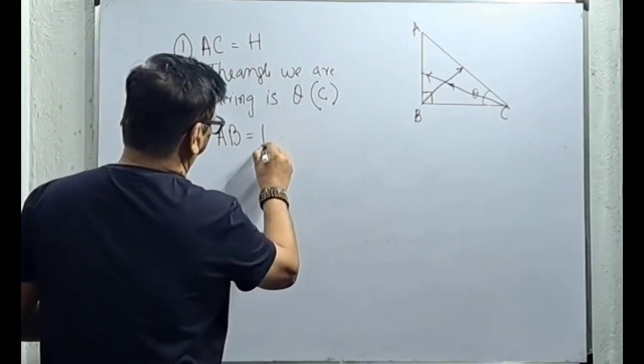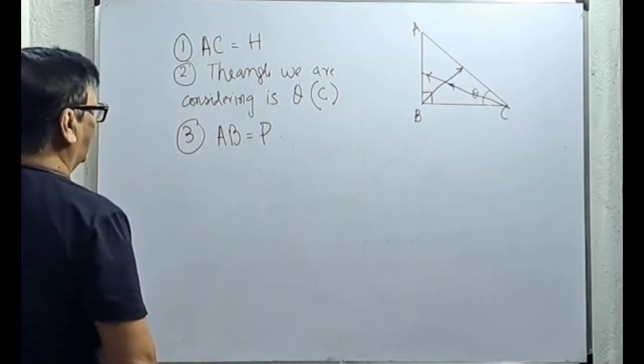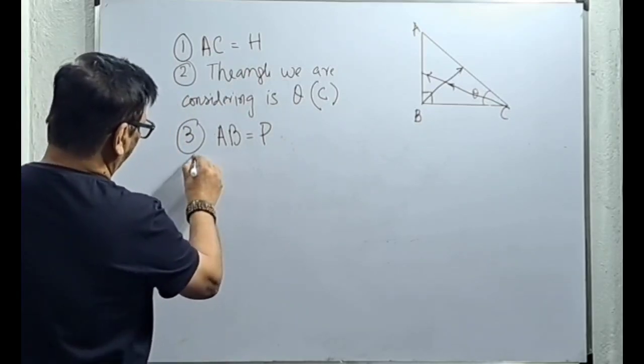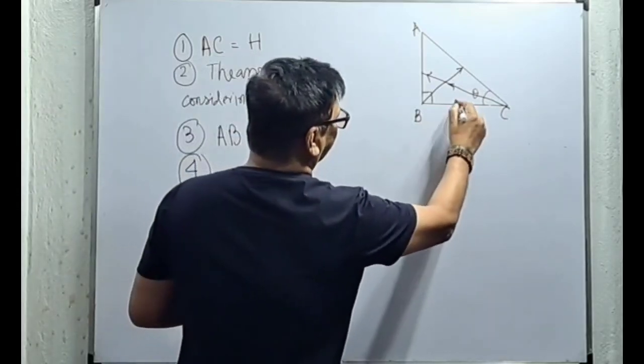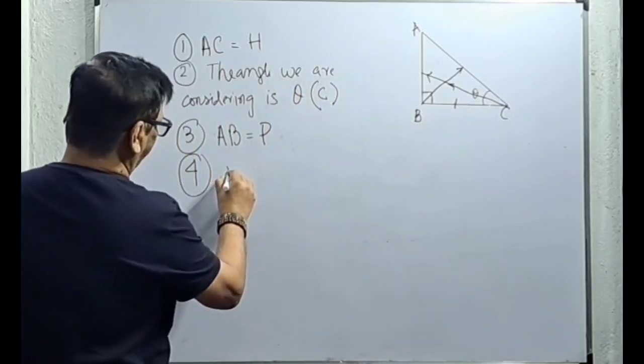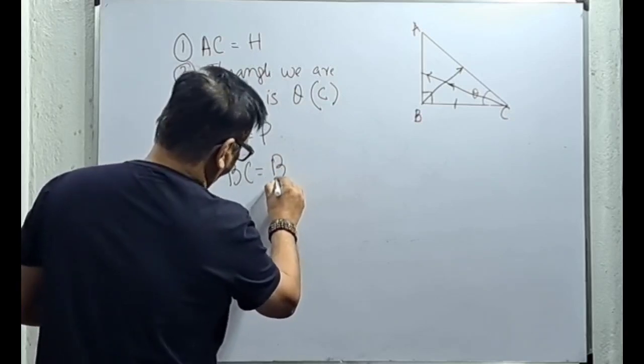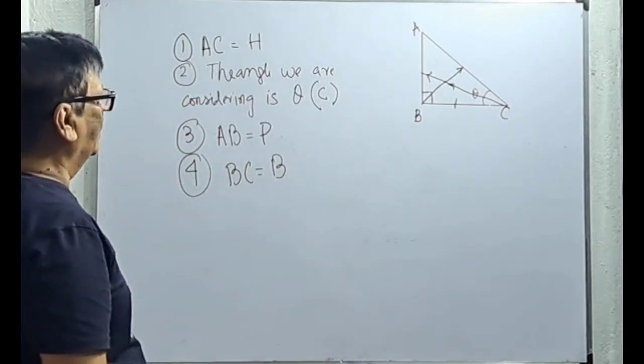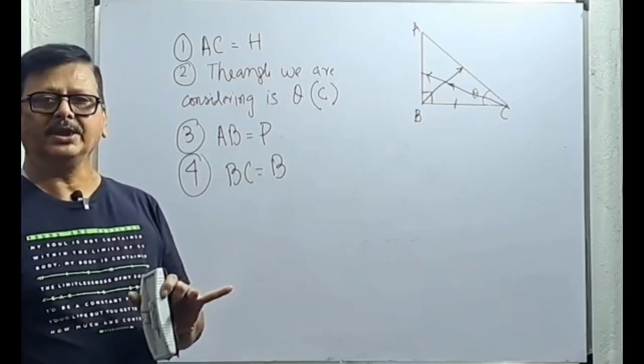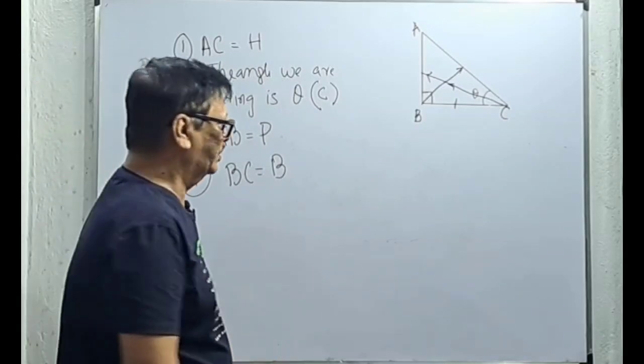So AB is equal to P. And number 4, the side left out, that is this side, BC, is called the base. Okay.